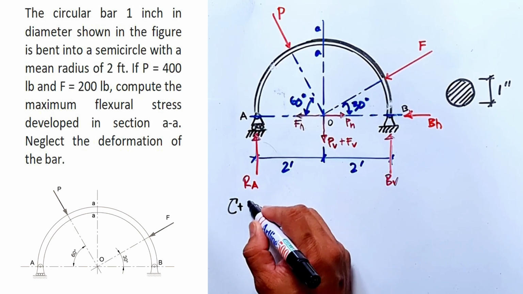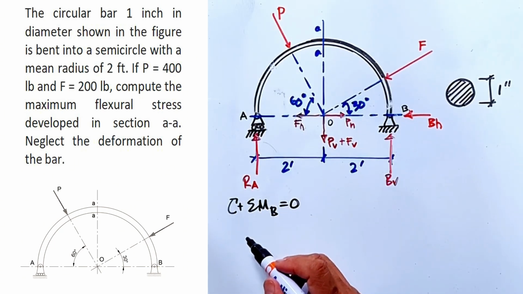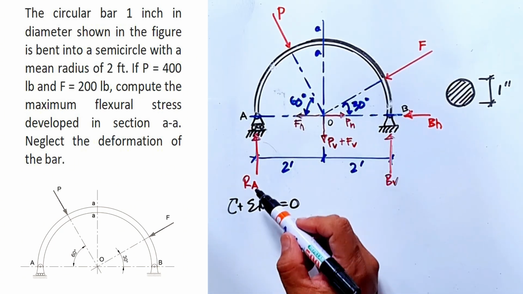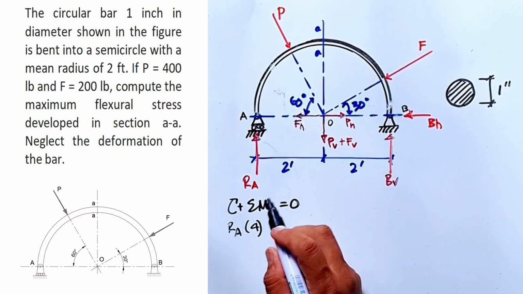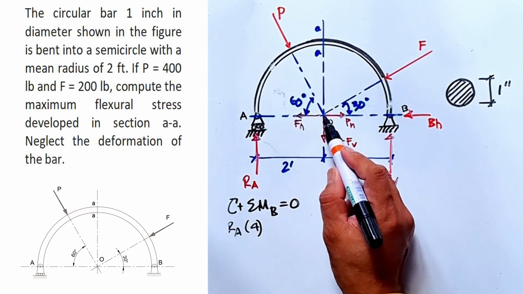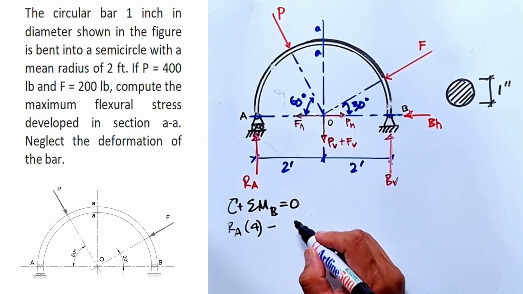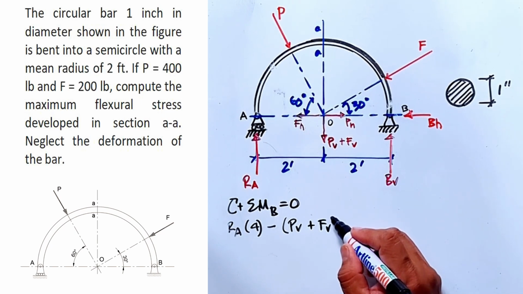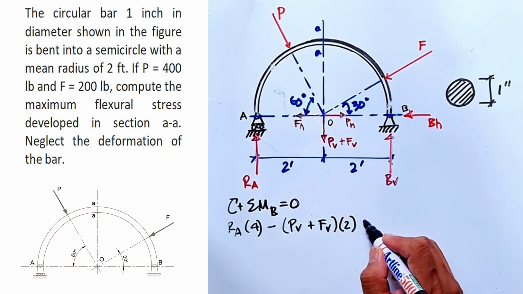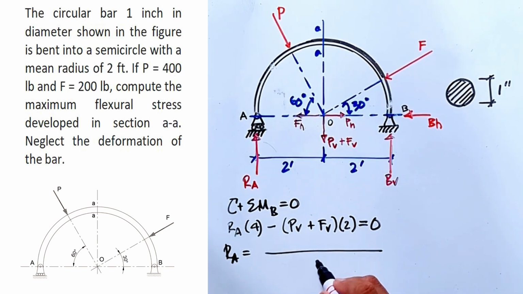We sum up moment at B equals 0, considering clockwise moment as positive. Clockwise moment will be created by RA, so it's positive RA times 4. This is the moment arm, 4. Then the sum of these two vertical components will create the counterclockwise moment, so it's minus (PV plus FV) times the moment arm of 2 equals 0. So RA equals this divided by 4.